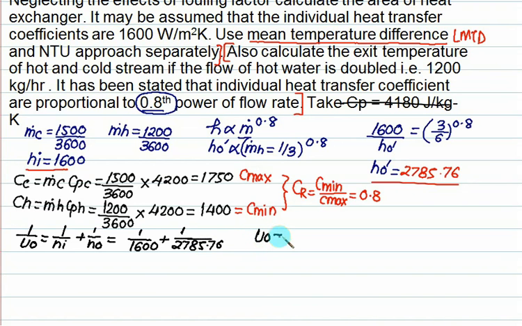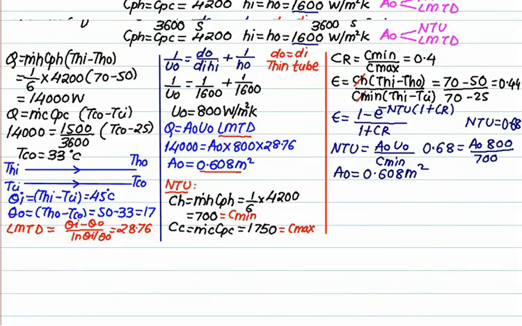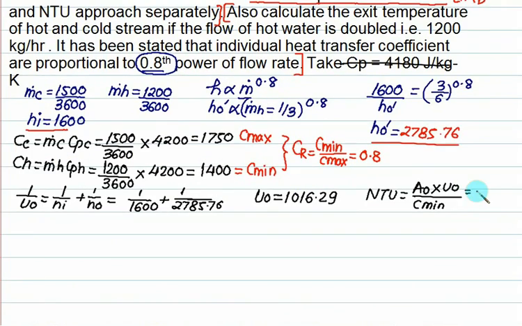Next, can we calculate NTU? Are we using the same heat exchanger? So the area will remain the same. NTU is A0 into U0 divided by C minimum. The area we previously calculated is 0.608, multiplied by U0, which is 1016.